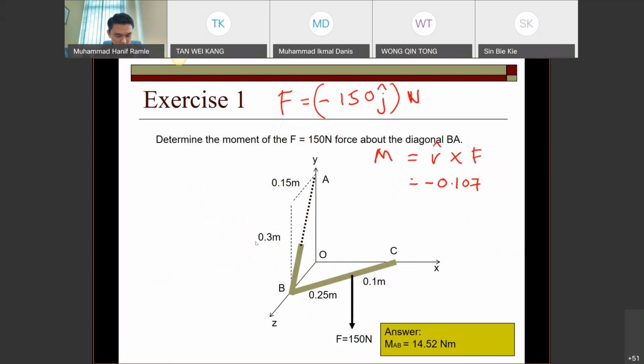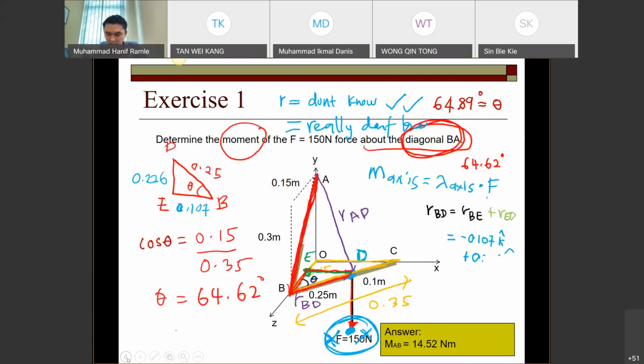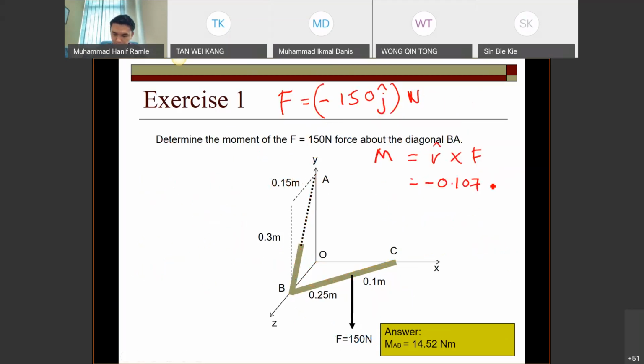What is this? J or I? K. 226. Cross with F. Can someone tell me the answer?